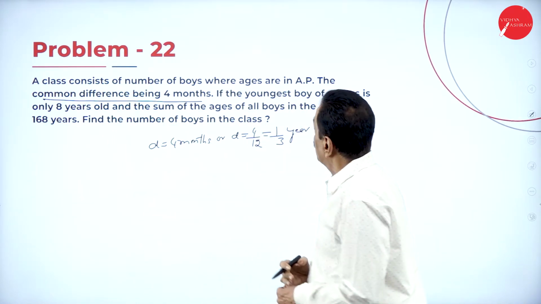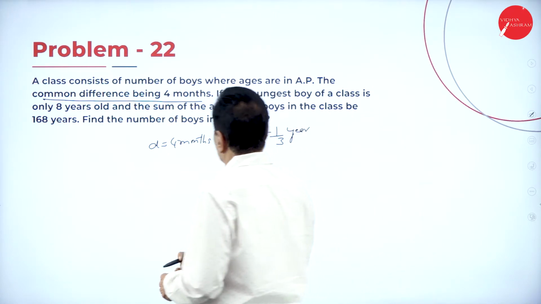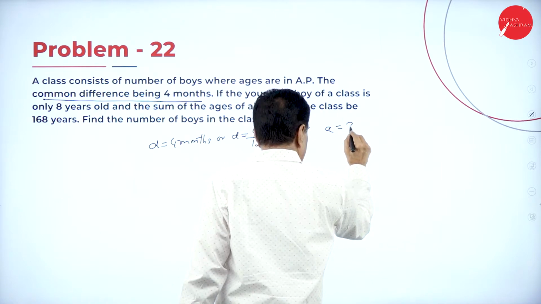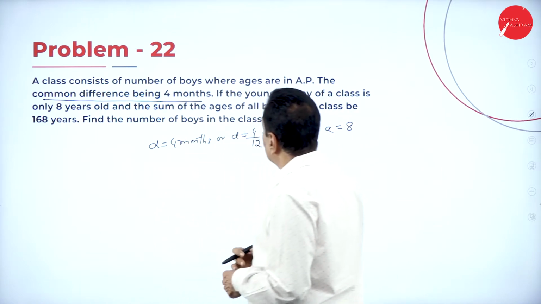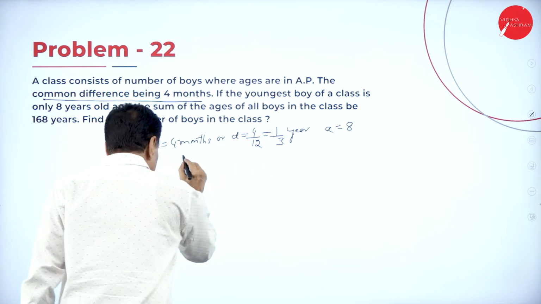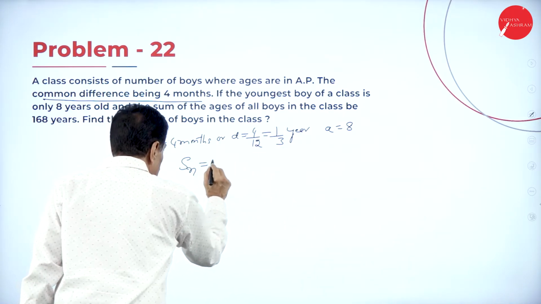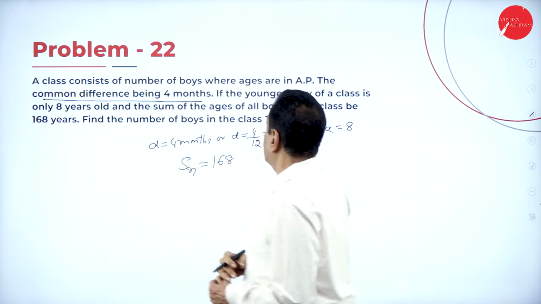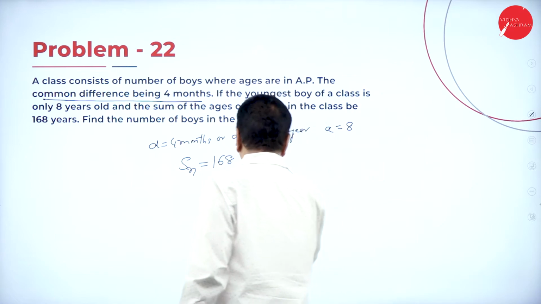If the youngest boy of the class is 8 years, A is equal to 8 years, and the sum of the ages of all boys in the class is 168 years, Sn is equal to 168 years. Find the number of boys in the class. N is equal to what?